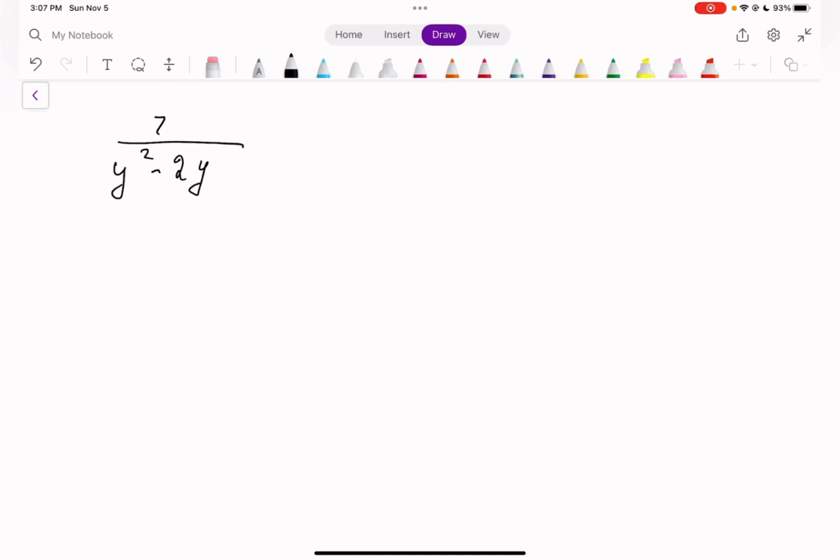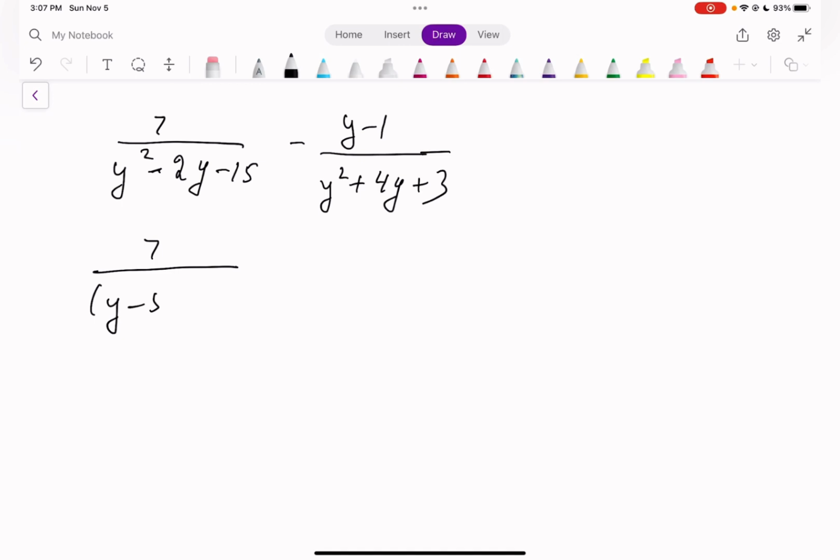I think, yeah, minus 15. And then minus y minus 1 over y squared plus 4y plus 3. Okay, let's see what we can do here. y squared minus 2y minus 15. This one I can factor as y minus 5 and y plus 3, right?